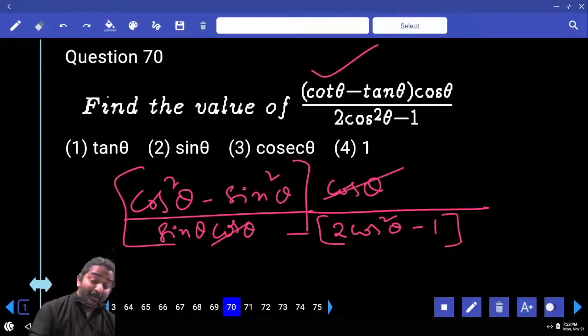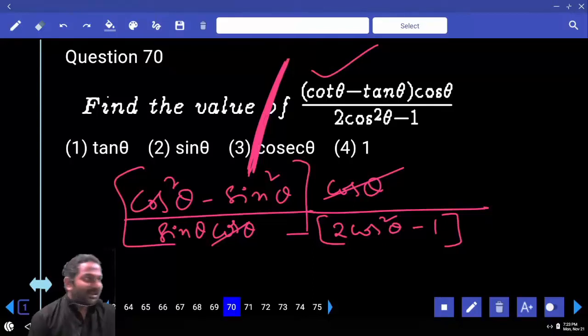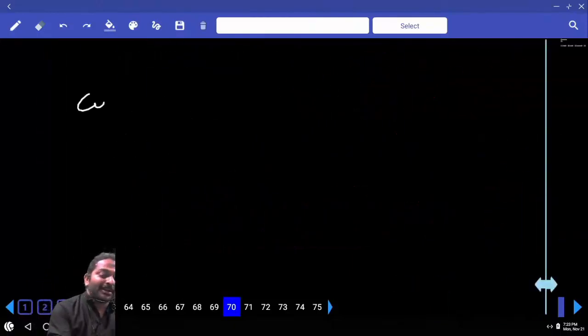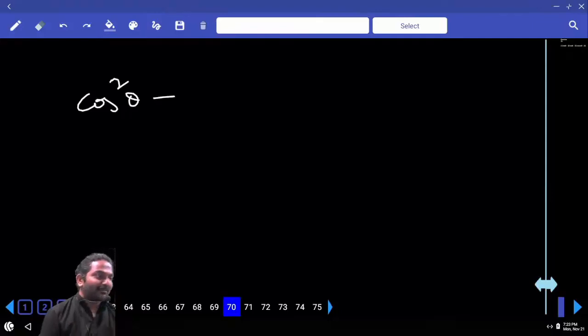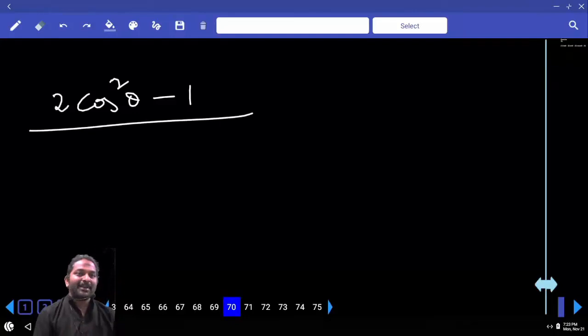Now, in the numerator, we have sin square theta, right? Minus sin square theta. Sin square theta, again we can write as 1 minus cos square theta. Then the entire numerator becomes cos square theta minus of 1 minus cos square theta, that is 2 cos square theta minus 1.